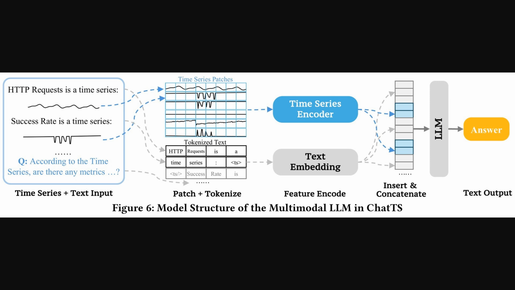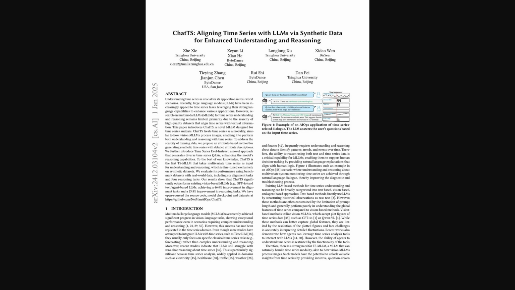Then there are separate encoders, one specifically for the time series patches, and another standard one for the text embeddings. And here's a really neat part. The encoded time series features are actually inserted in between the corresponding text tokens before everything goes into the main LLM. This helps keep the context of which data belongs to which part of the text. So yeah, that's the ChatTS architecture, interleaving those time series patches with the text.